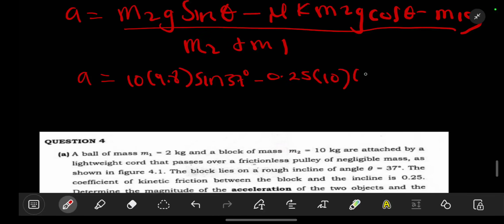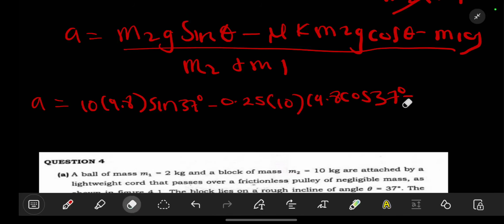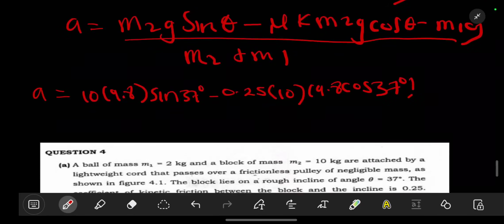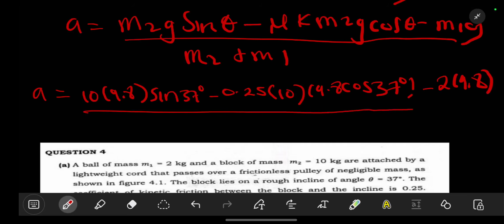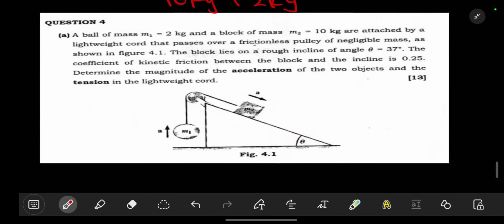Then we have g is 9.8 cos of theta, which is 37 degrees, minus our m1, which is 2. Okay, minus 2, then we have 9.8 over m1 plus m2, which is 10 kg plus 2 kg.